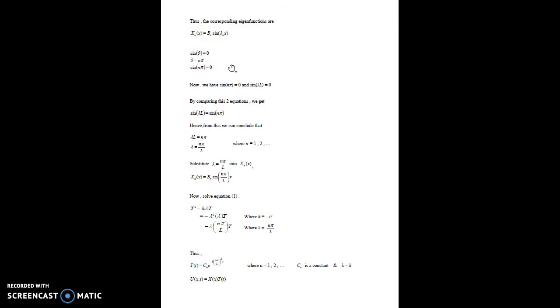As we all know, sin theta equals 0 and we can conclude that theta equals n pi. So, sin n pi equals 0. Now, we have sin n pi equals 0 and sin lambda L equals 0. So, by comparing these two equations, we will get sin lambda L equals sin n pi.